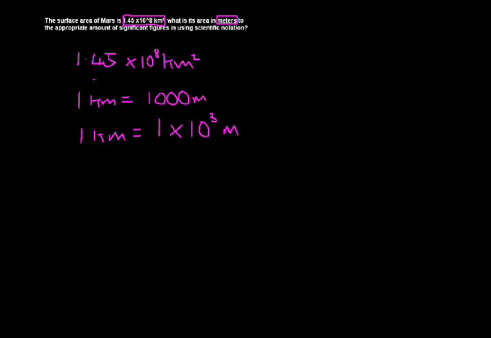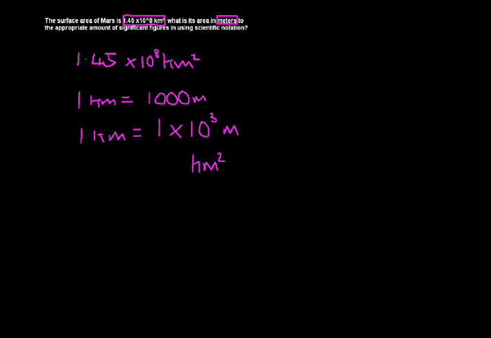If you notice, I haven't touched this at all yet. I'm just working out how many meters there are in a kilometer in scientific notation. We do exactly the same as before. We say, right, we want this in kilometers squared. So first thing we can do, we're going to work out how many meters squared there are in 1 kilometer squared.